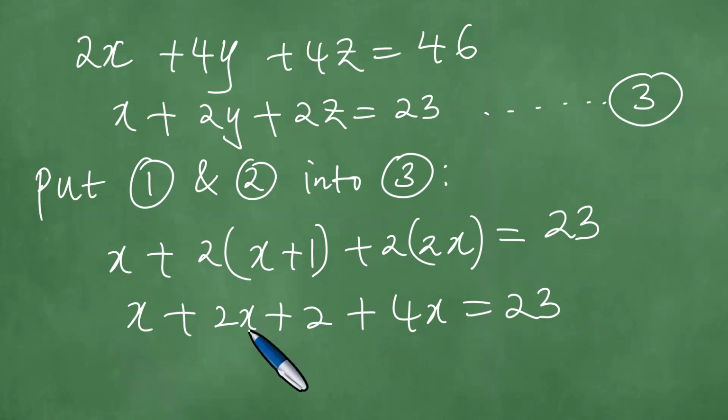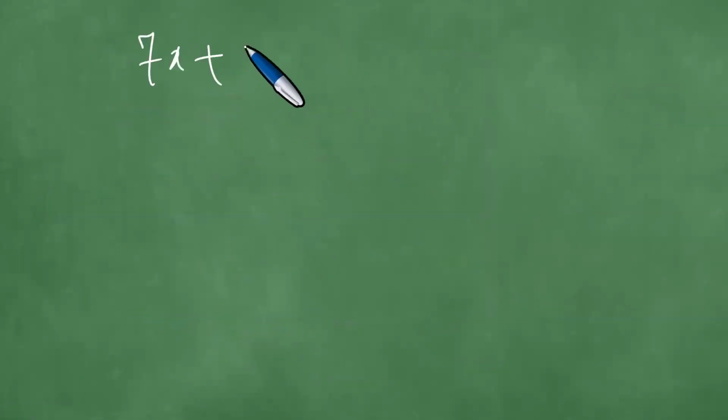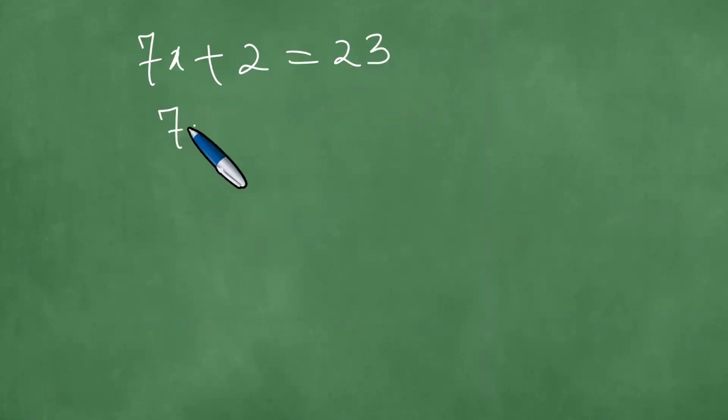We add x plus twice x, giving us 3x, right? 3x plus 4x together give us 7x, right? So we write 7x plus 2 equals 23, right? Plus 2 equals 23. We transpose the positive number 2 to the other side, getting 23 minus 2, and that gives us 21.